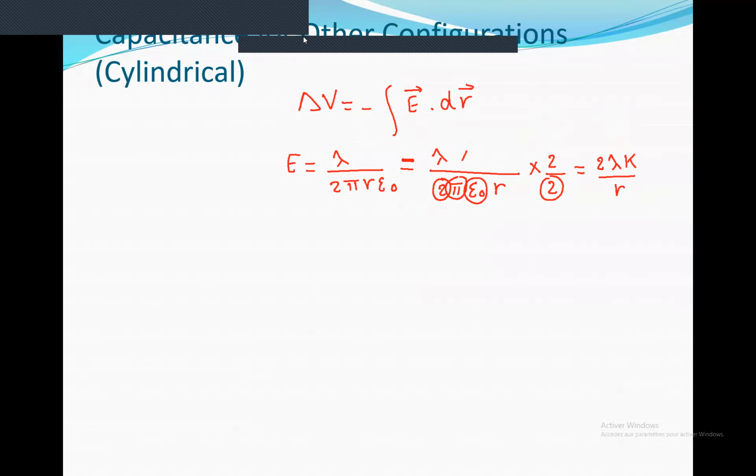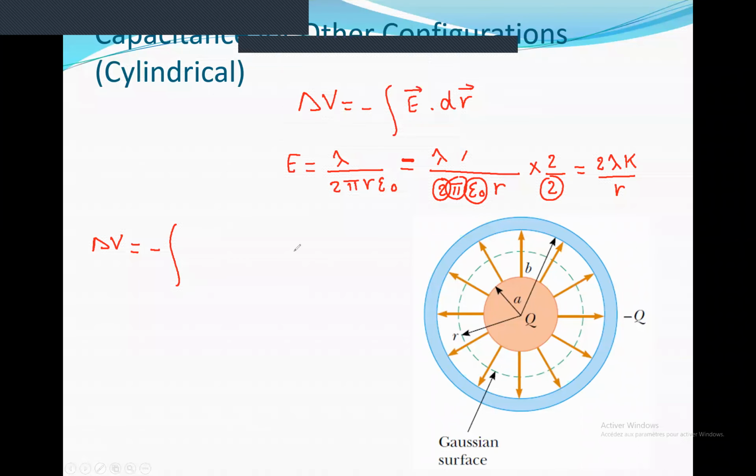We substitute the value of E. We get delta V equals to minus... here I want to calculate delta V between the distance A and B, in this region.